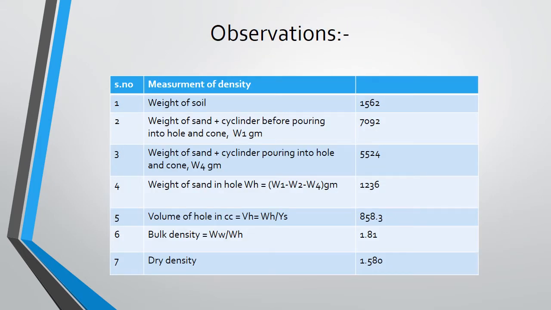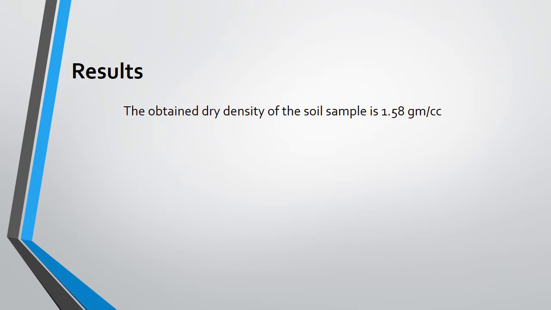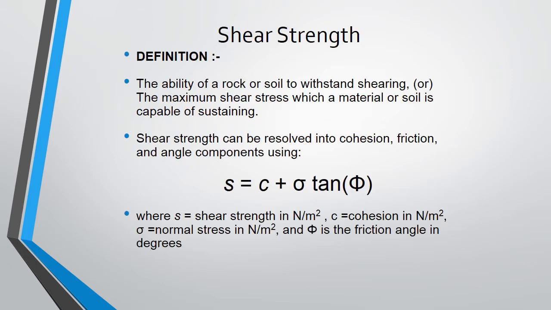The observations from this test are like this, and from them we got the dry density as 1.58 gram per cubic centimeter.